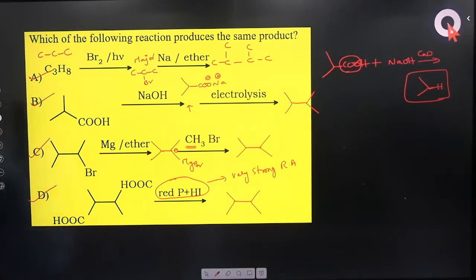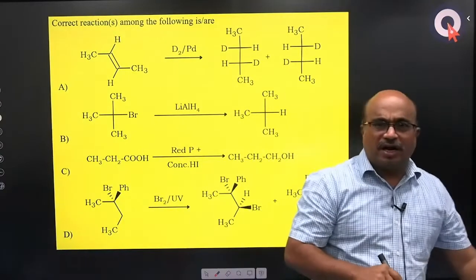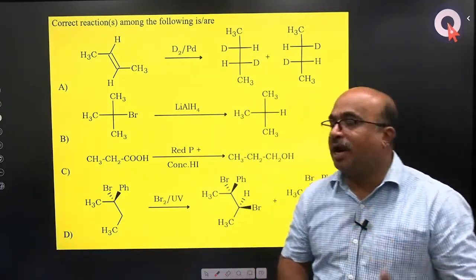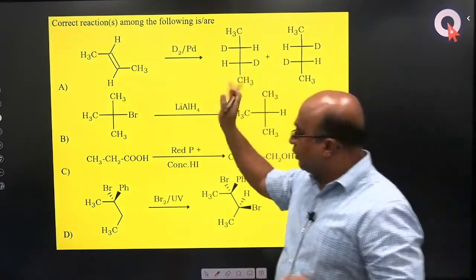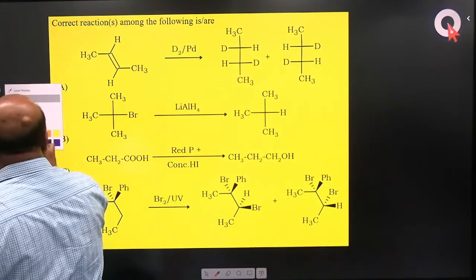Now coming to the next question. So there is a space given for us. Now the same deuterium we are adding under palladium. So already we discussed this. What is this? It's a trans compound.